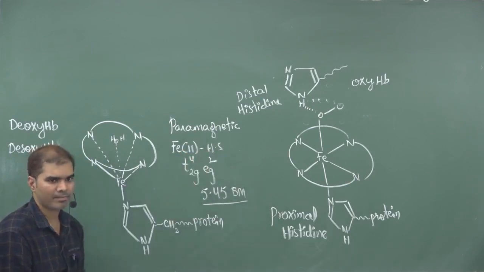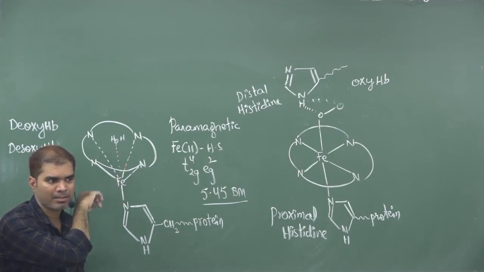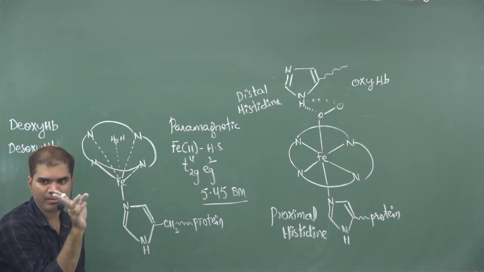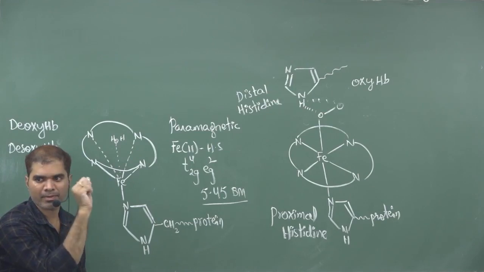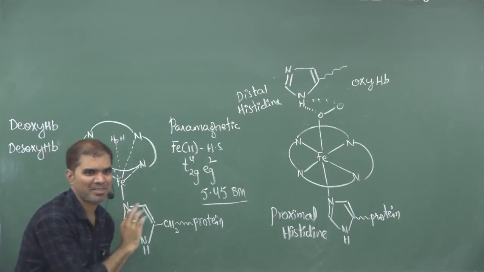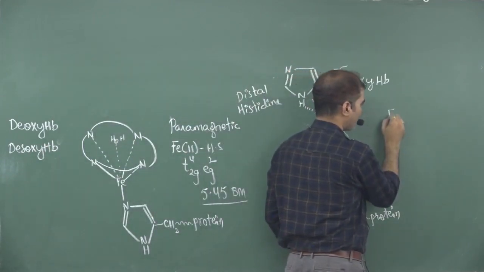Next one, diamagnetic. How is it diamagnetic? Okay, what is the spin of iron? Iron plus 3, plus 2. So 2 answers I am getting. Plus 3 some are saying, plus 2 some are saying. But everyone is saying low spin.